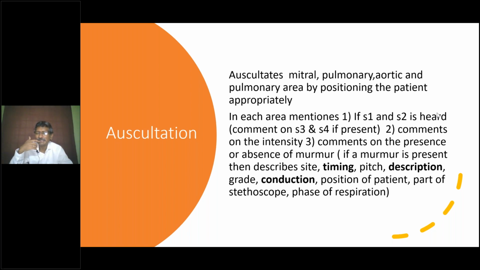So where will the murmur conduct? See, the second aortic space is the place where you are hearing the murmur. Left third intercostal space is called the second aortic space. So in the left third intercostal space, the second aortic area, you are hearing a diastolic murmur. Where will that conduct?